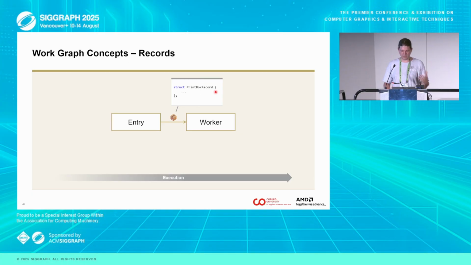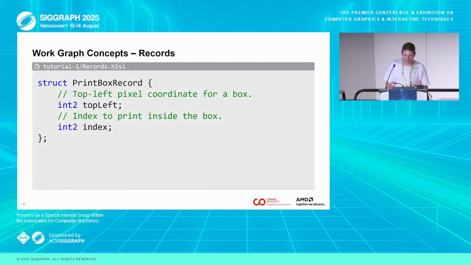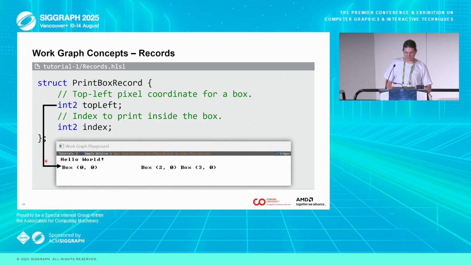And one way of doing this, if you had the task to design a work graph system, you would probably come up with a struct. So in a struct, you would define this data. And here in our particular case, in our problem, we are defining a struct PrintBoxRecord, and it has two members, an int2 topLeft and an int index. The topLeft basically indicates the upper left corner of where you would like to print the box, and the index basically encodes these tuples, or this pair of numbers.